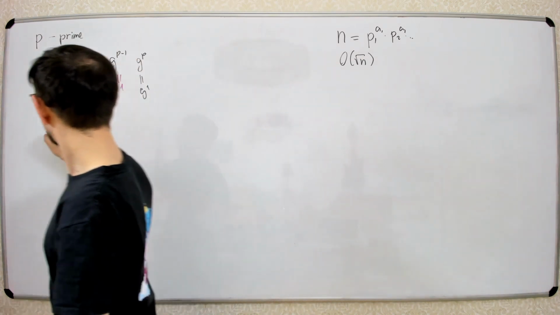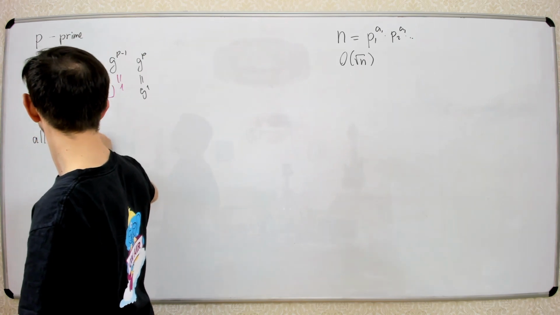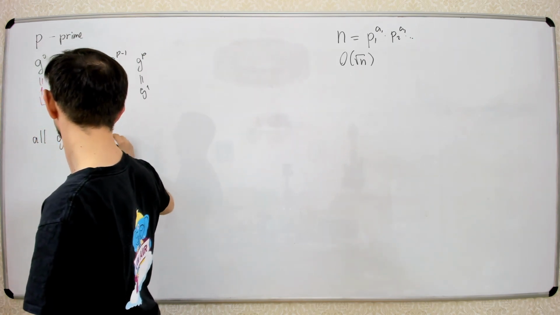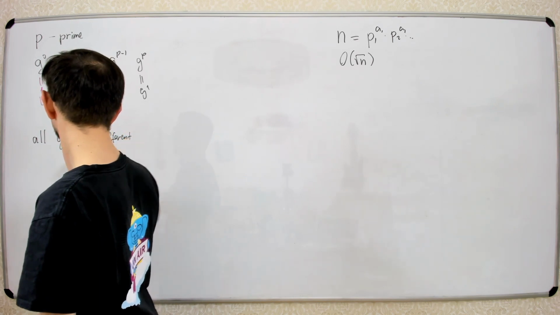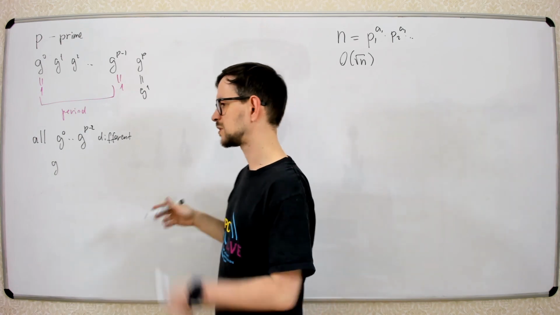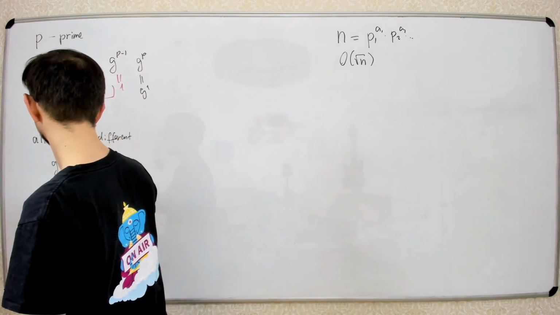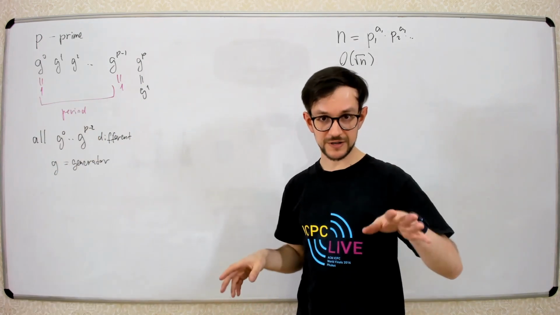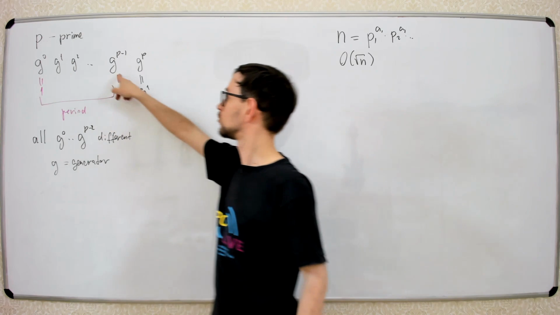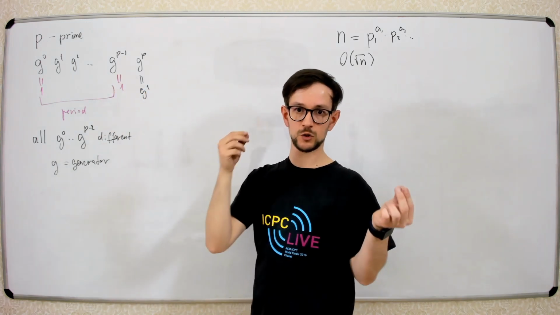I want all numbers from g power 0 to g power p minus 2 to be different. Then g is called a generator, or primitive root. So the generator is a number such that if we look at all powers of this number from 0 to p minus 2, we'll have all possible numbers from 1 to p minus 1.